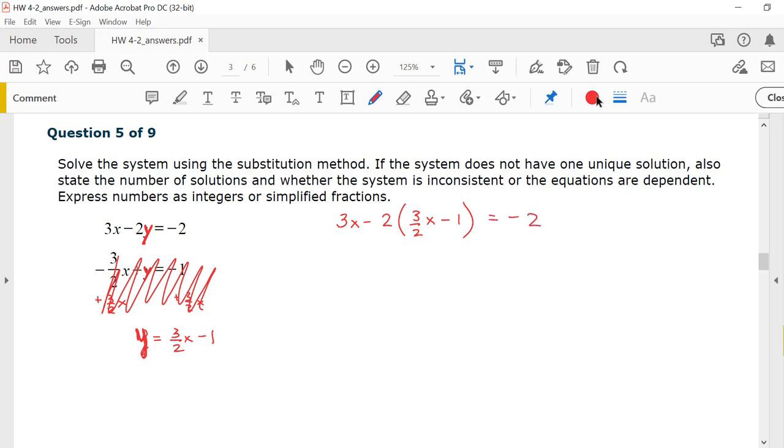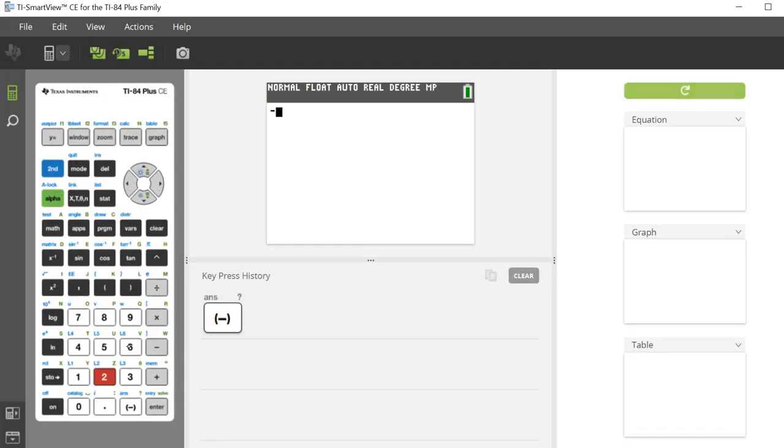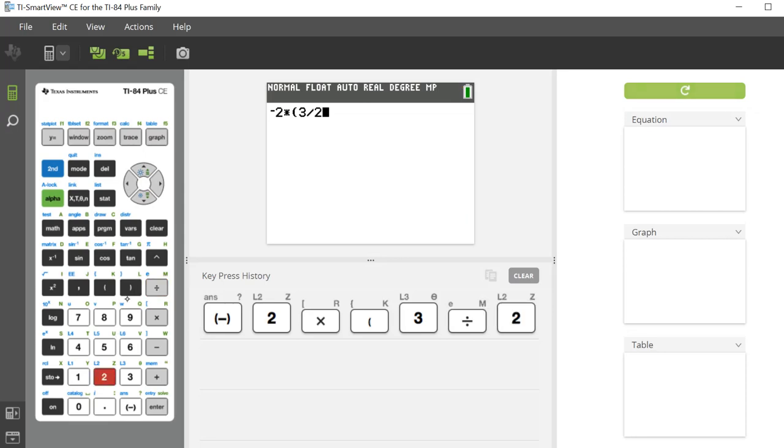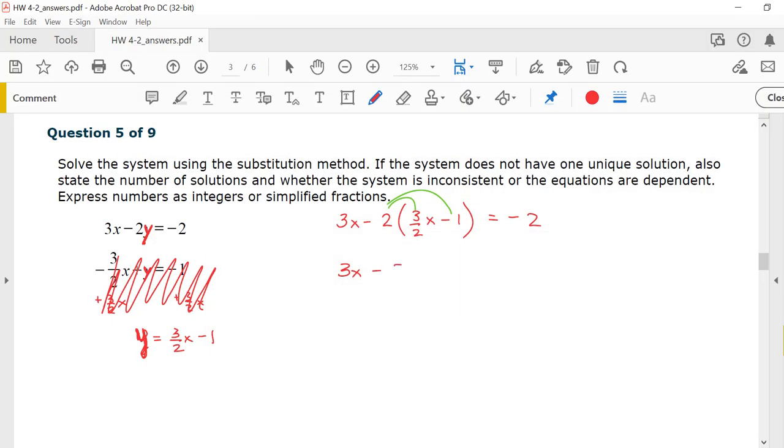Okay, distributing that 2. 3x. Okay, negative 2 times 3 halves is negative 3. So I get minus 3x plus 2 equals negative 2.